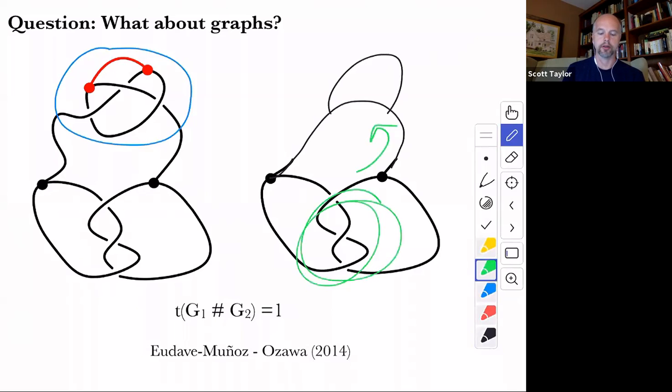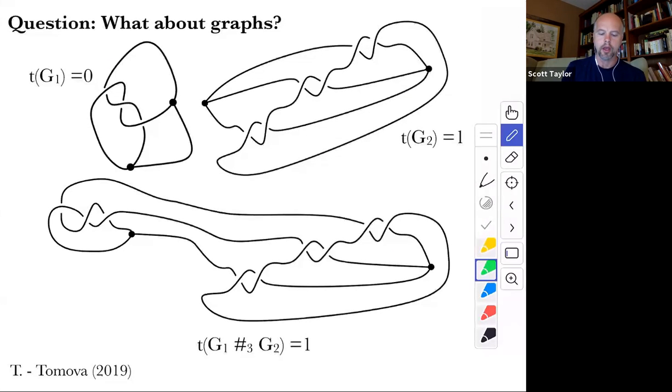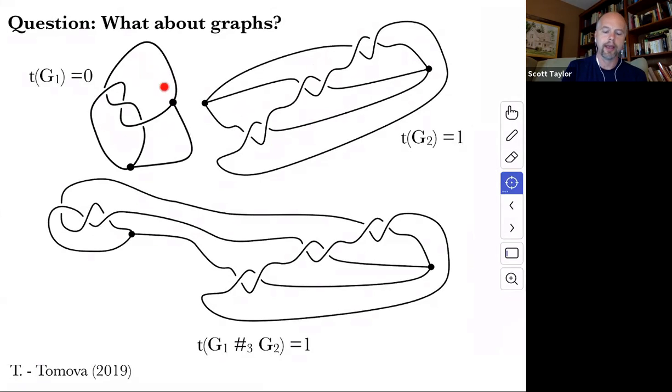Okay, and in particular, that means that we don't have a Schubert-Schultens lower bound. Okay, that was the connected sum of a knot and a trefoil knot, and of a knot and a theta graph. What if I turn to just theta graphs? Well, here's an example where we have the Kinoshita graph that we saw has tunnel number 1. Here we have the same graph that we worked with before.